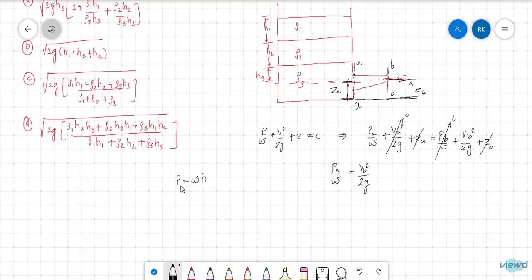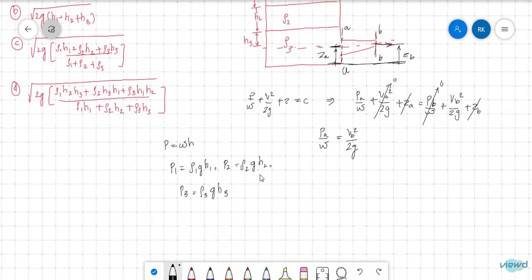We know this. Here PA is equal to W into H. P is equal to WH, and the individual pressures of these fluids are P1 is equal to rho 1 G H1, P2 is equal to rho 2 G H2, and P3 is equal to rho 3 G H3.